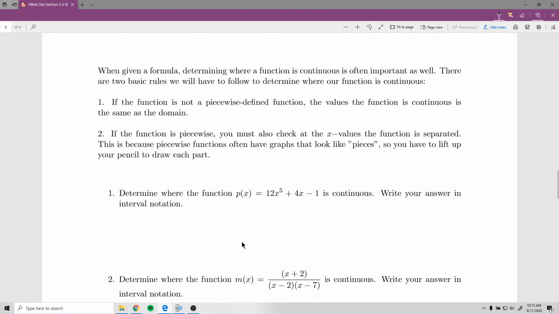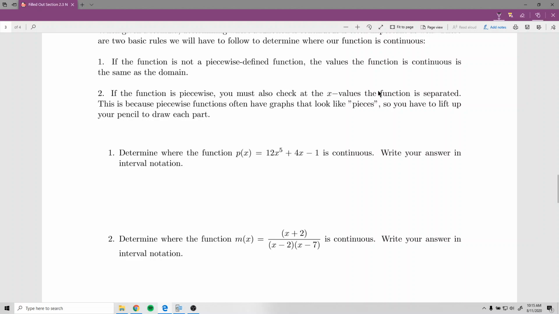Alright, so when given a formula, determining where a function is continuous is often important as well. There are two basic rules we will have to follow to determine where a function is continuous. The first one is not one we really see in this class, but because we talked about piecewise functions, it's good to mention them.